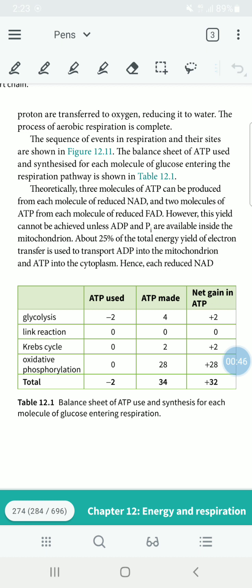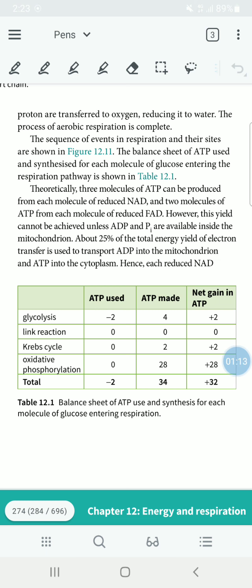About 25% of the total energy yield of electron transfer is used to transport ADP into the mitochondrion and ATP into the cytoplasm. So that means ADP is there outside of the mitochondrion, and it has to be transported in. That transportation requires about 25% of the total energy yield, and also to transport the ATP back into the cytoplasm.